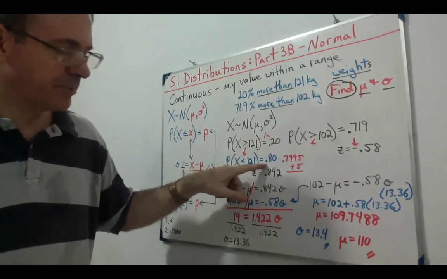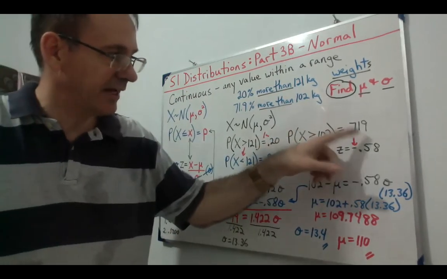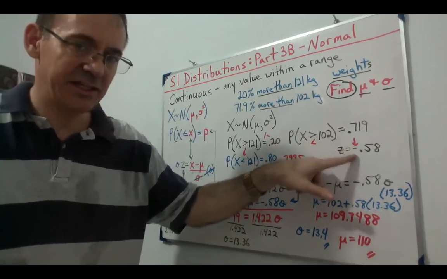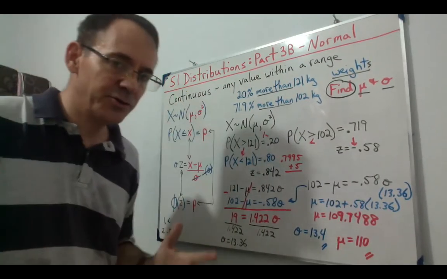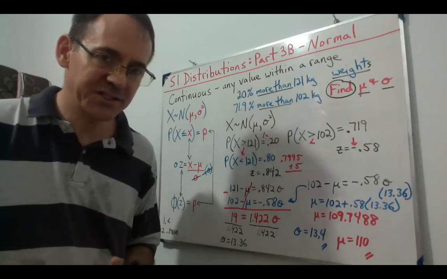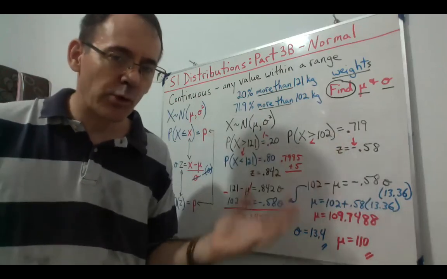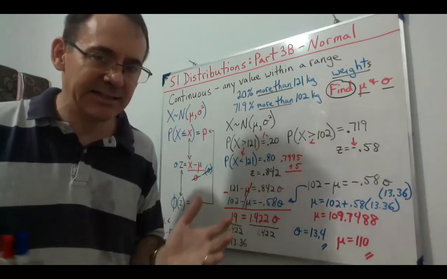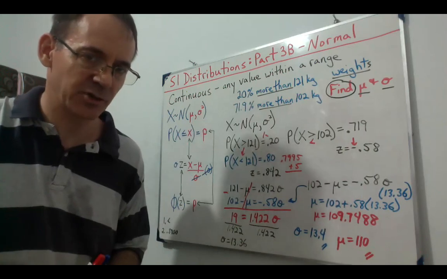This one, put your number over 0.5000, which was good. This one you can't, so you had to wait till you get to the z and make it negative. So with all of these 4 questions that we've looked at, it should give you a pretty well-rounded idea of the different ways Cambridge can ask this normal distribution question.